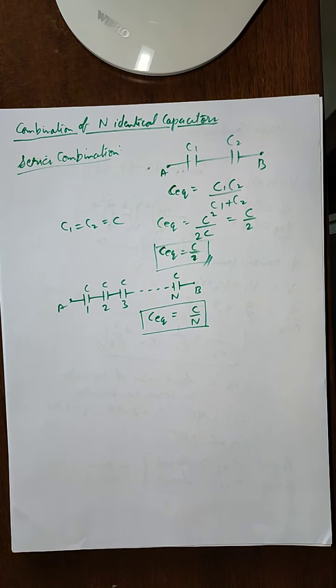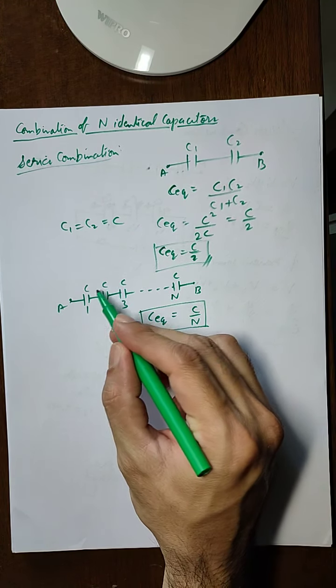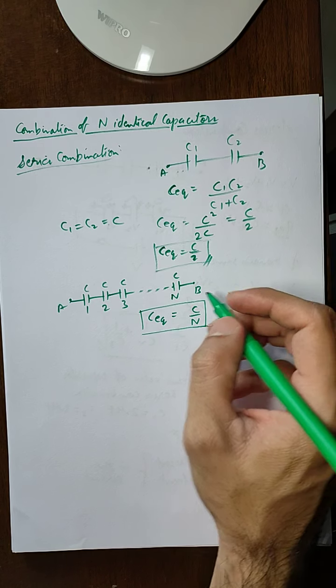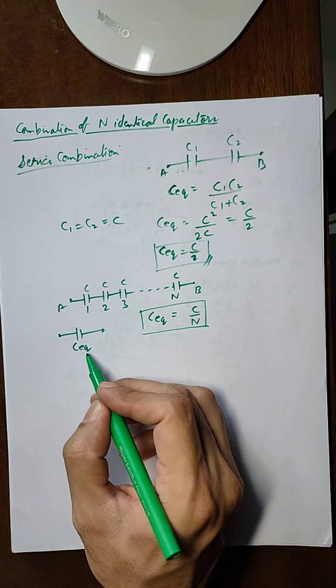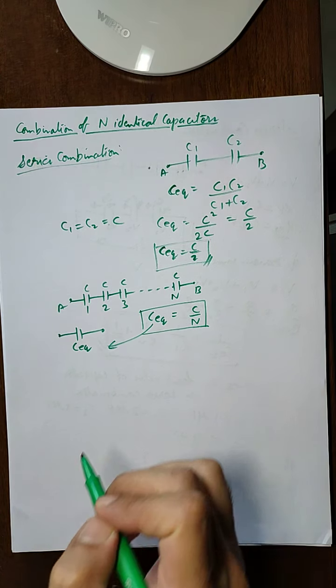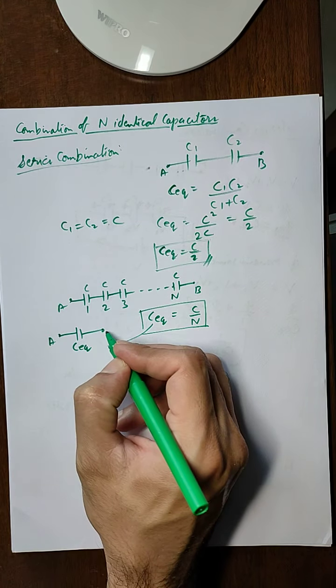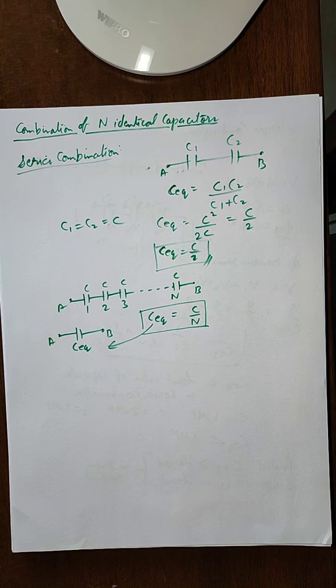So this is a very important relation. This means that all of these capacitors can be replaced by one capacitor of this value between terminals A and B.